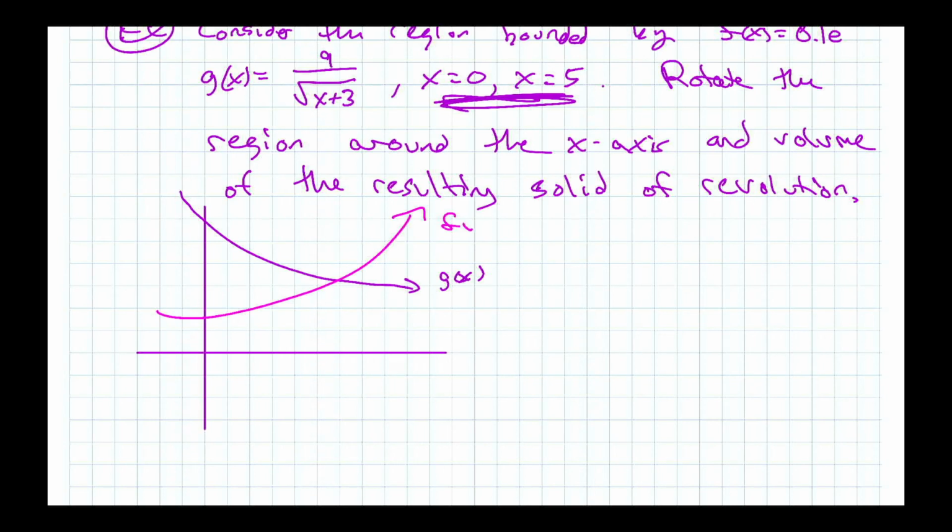That was f of x. But then 2 and 5 were like that. So we're looking at a region something like this. All right, so that's what our picture looks like.